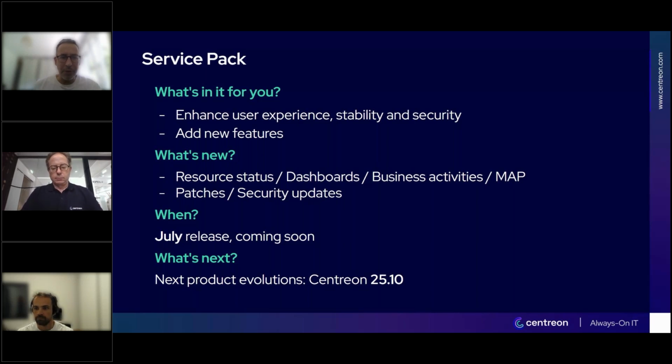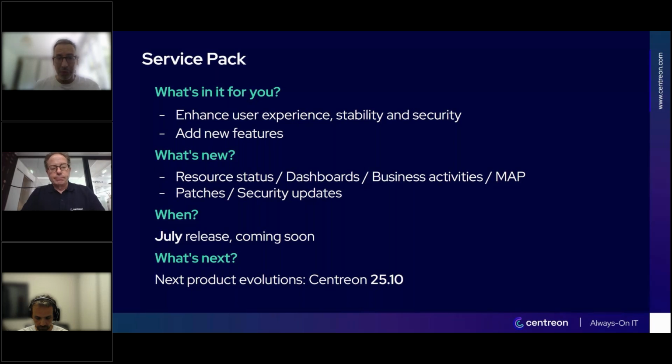Of course, it's to enhance the UX, the stability and the security of our latest major release. But we wanted also to add new features to that release. And that's what we did. We did some new things on four main topics: resource status page, new dashboards, business activities, and map.